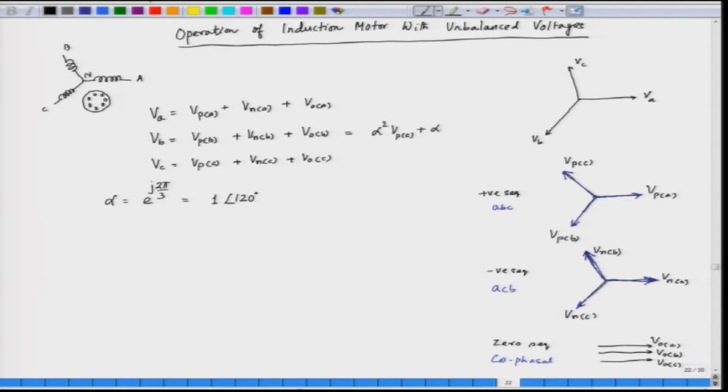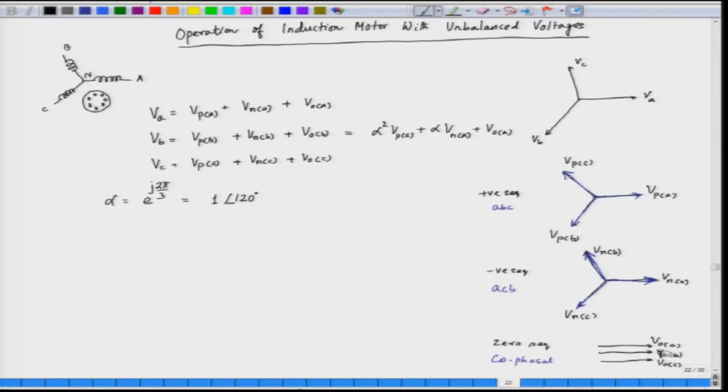Similarly, plus alpha times V N A, this is the negative sequence component. So, that is phase B here. Phase B can be obtained by rotation by only alpha. So, this is V N A plus V 0 A, because V 0 A, V 0 B and V 0 C are the same thing.